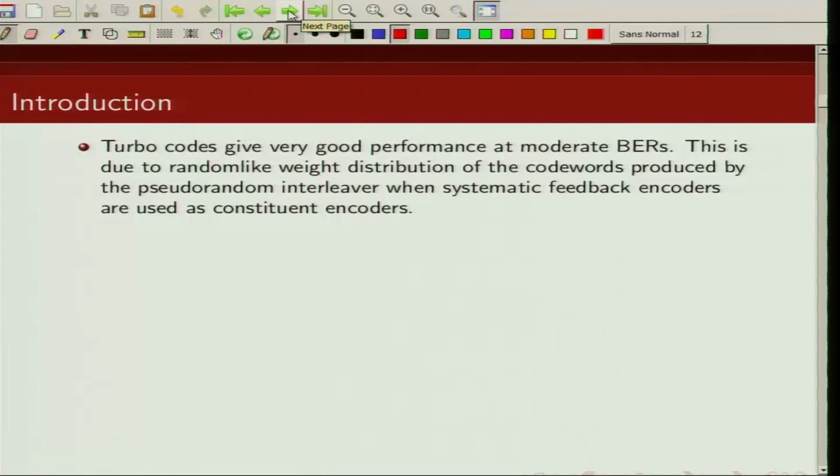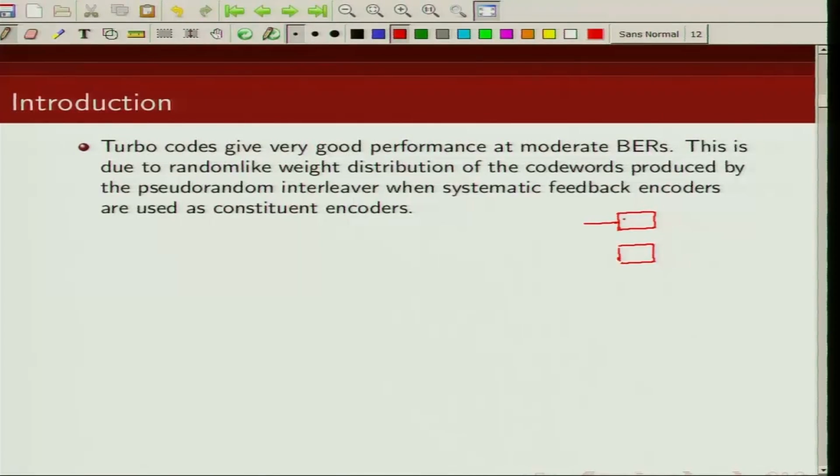So as we know, turbo codes have very good performance at low signal to noise ratio and at moderate BER, and this is due to its random like weight distribution, which is produced when we consider pseudo random interleavers combined with systematic feedback encoders. If you recall, a turbo code is a parallel concatenation of two constituent encoders.